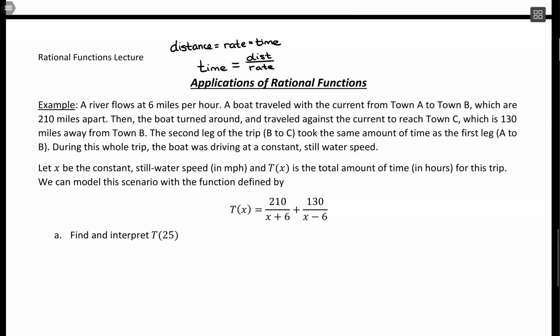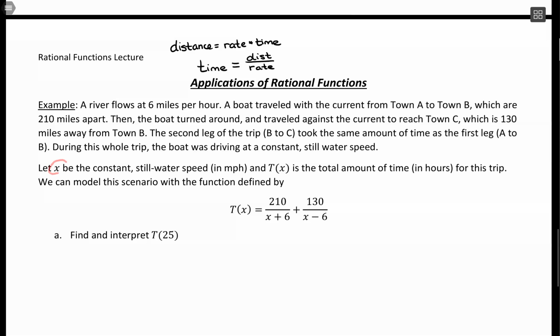During this whole trip, the boat was driving at a constant still water speed. So this constant still water speed means the speed the boat is going without any effect of the river flow, without the idea of going with the current versus against the current.